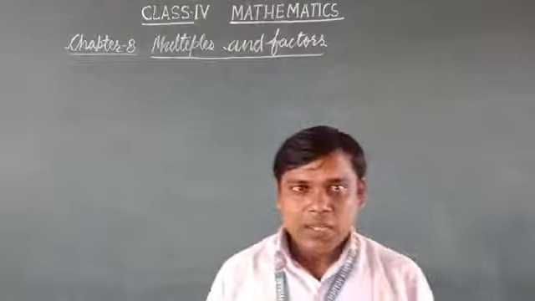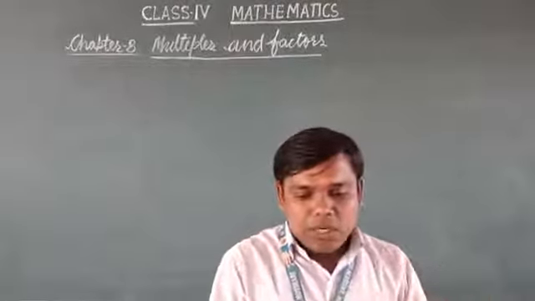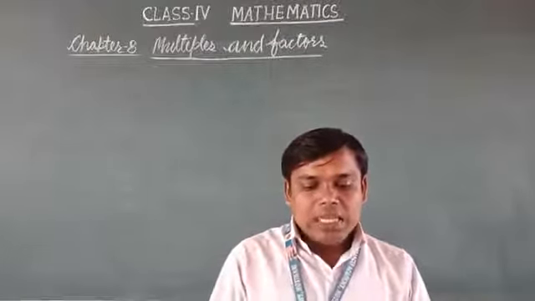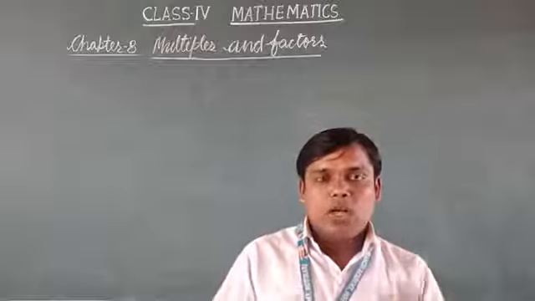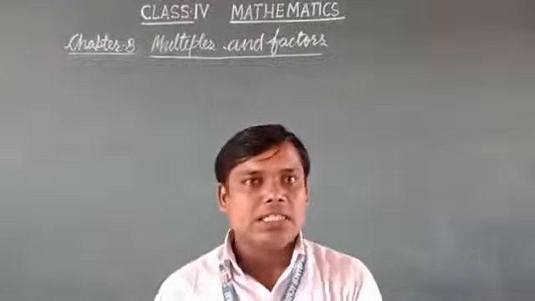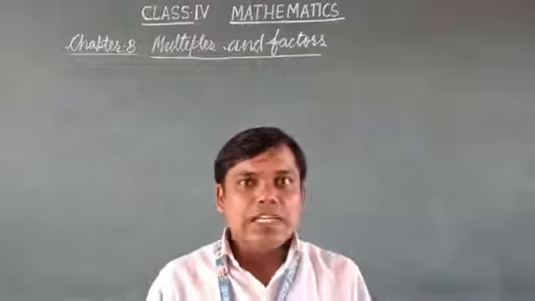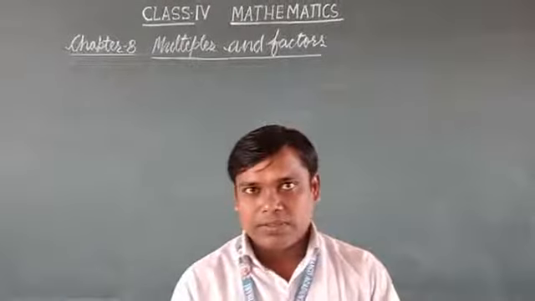In this case, when we are asked to find the lowest number or greatest number which when divided by the given numbers divides exactly, then we calculate the LCM of the numbers.